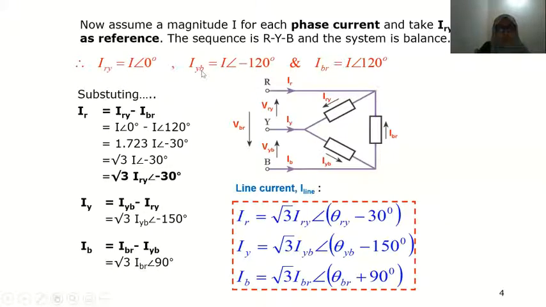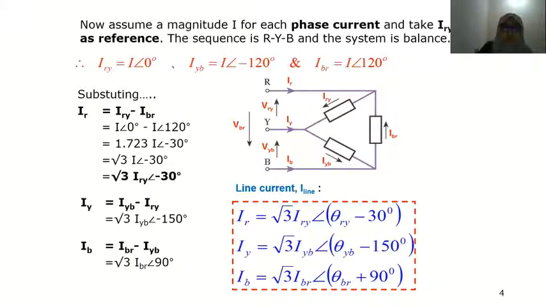This is your phase current, your first phase current, so we consider it as a reference and put 0 degree. Your IYB, the second phase current, differs from your first phase current by minus 120 degree, same as the V phase in your star connection.